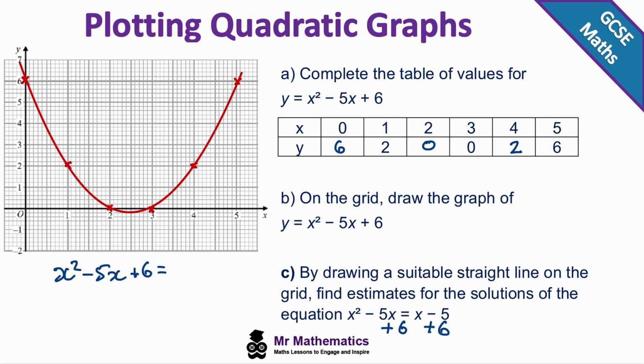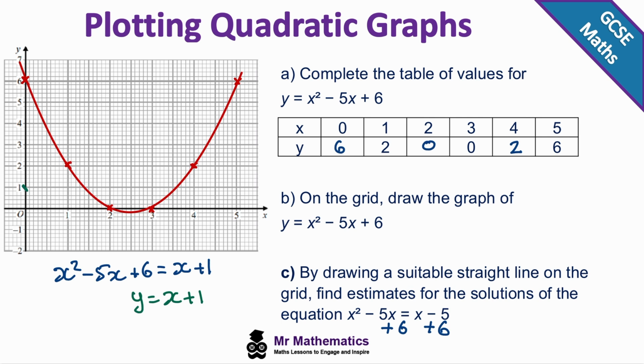But now on the right-hand side, we've got the x squared minus 5x, and then the negative 5 plus the 6 becomes positive 1. So you can see that y is now equal to x plus 1. So we need to draw the line y equals x plus 1.